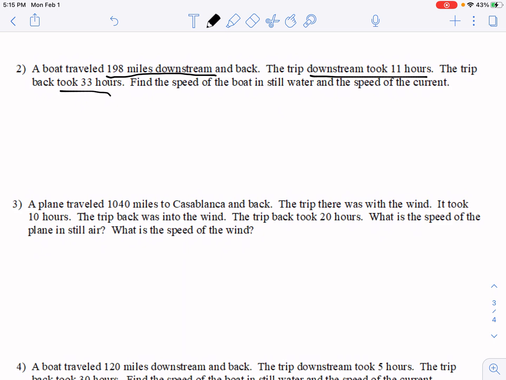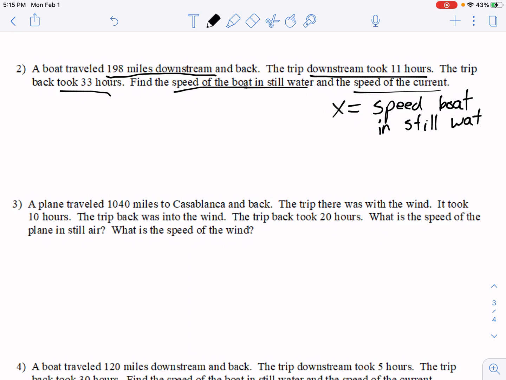Now, the way we can look at this is, since these are the two things we're looking for, the speed of the boat in still water and the speed of the current, if I let x be the speed of the boat in still water, and I let y be the speed of the current, then we can relate this in terms of an equation.